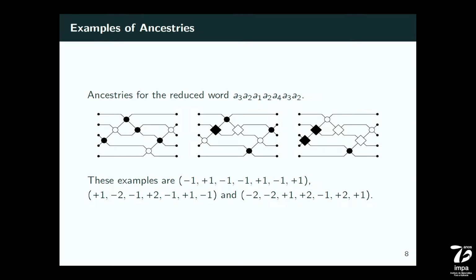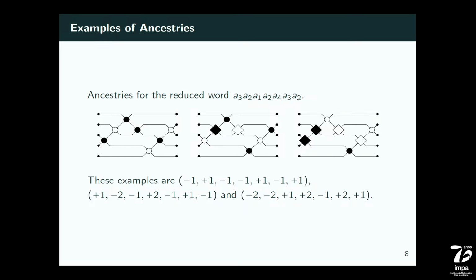When you look at a white disk, we put +1. And we go like this. So reading left to right, -1, +1, -1, +1, sorry. And then if I look here, this black diamond, we put the label -2, and this white diamond we put +2.